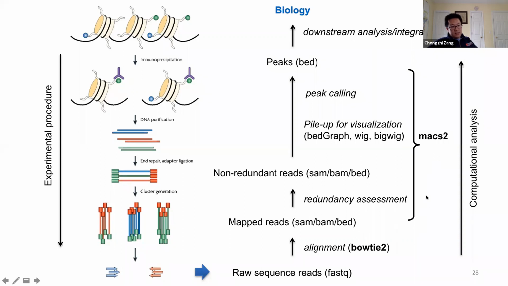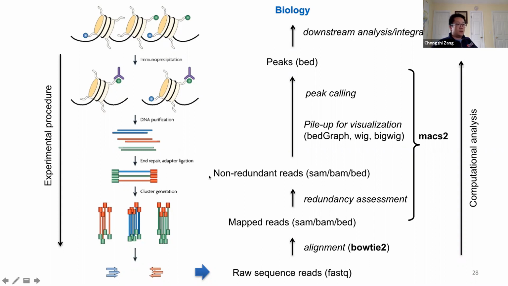Namely, the redundancy assessment can give an idea of how likely there was a PCR overamplification of the DNA fragments. If the starting material is not enough, certainly you can just undergo more cycles of PCR amplification to get more sequence reads to fit into the sequencing machine. But more DNA, more sequences doesn't mean we get more information. That's what the redundancy assessment step is about.